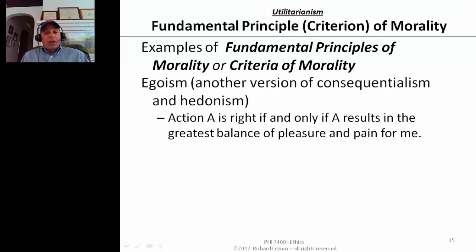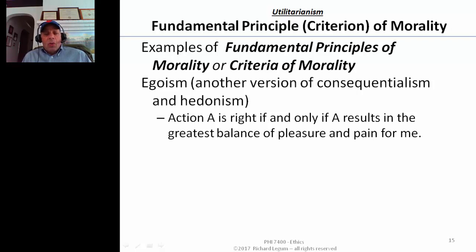Now, we would summarize this theory as the following criterion of morality. Action A, a certain action, is right if and only if that action A results in the greatest balance of pleasure over pain for me. We see this is a version of relativism that we talked about earlier on in the course.